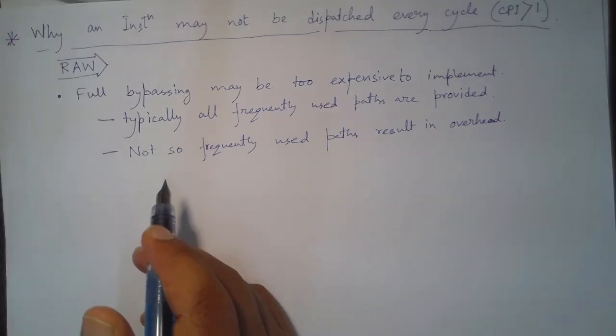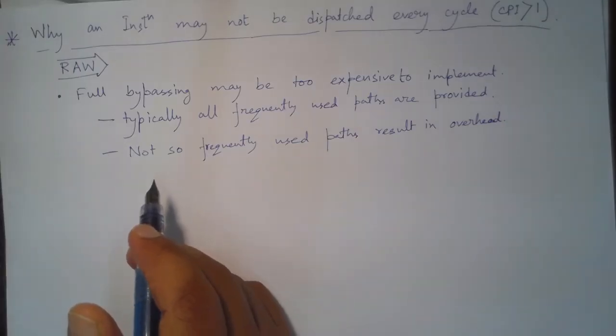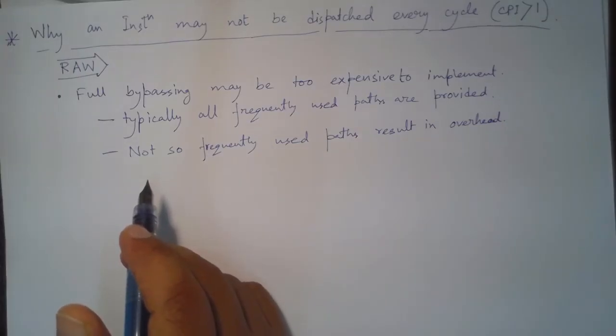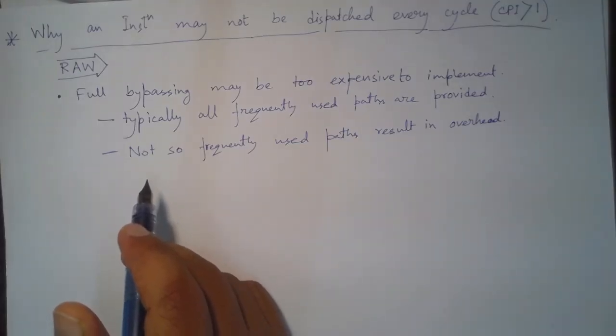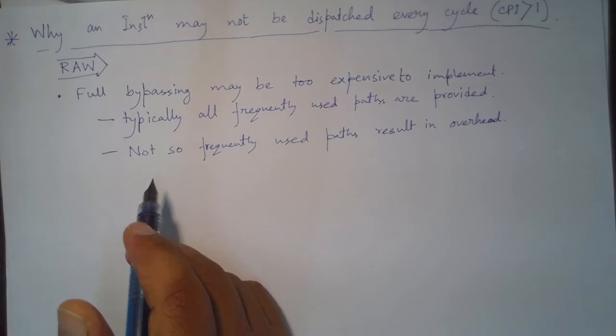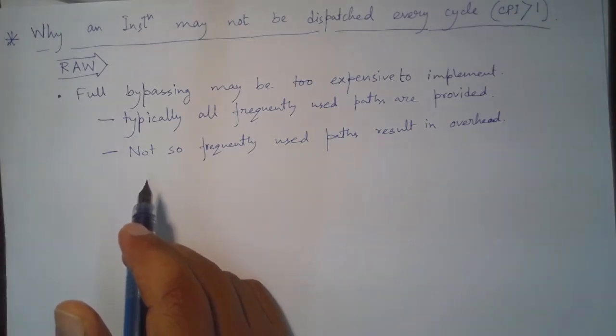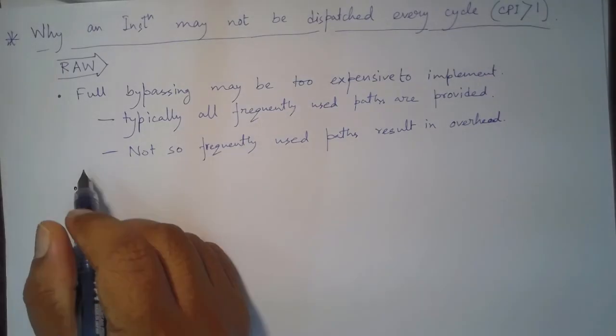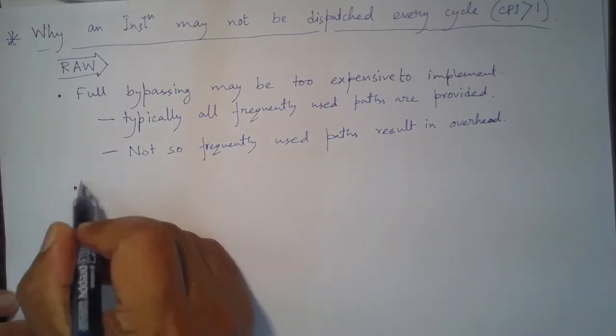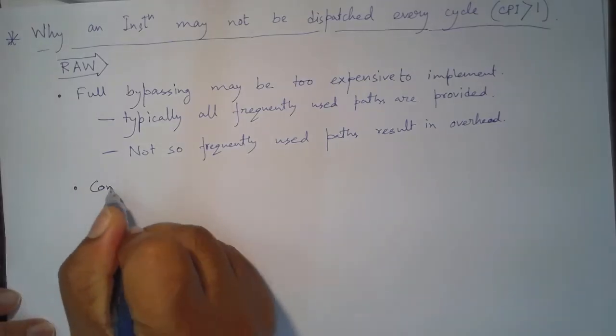Now there are other control hazards related to conditional branches. There are conditional branches which are very difficult to predict, and in case of conditional branches, you have to basically kill all the speculated instructions. So conditional branches can cause bubbles as well.